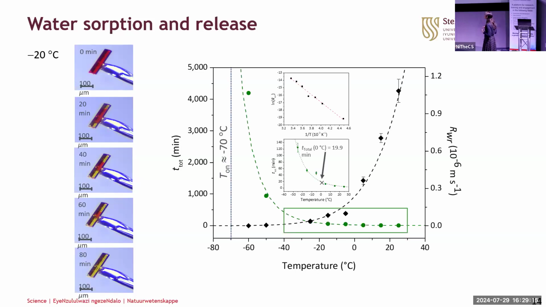So we were able to work out the kinetics of this process. And from that, we were able to work out at what point this desorption of water would actually stop. And we reckon that it stops at around minus 70 degrees Celsius. That's what the computational results tell us, a little bit lower, but experimentally it's around minus 70 degrees.